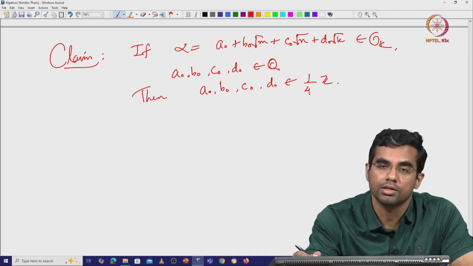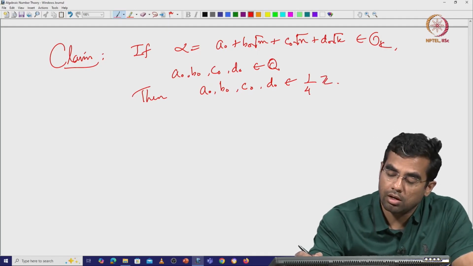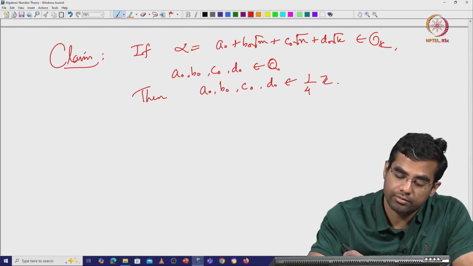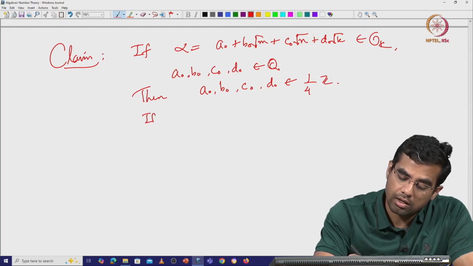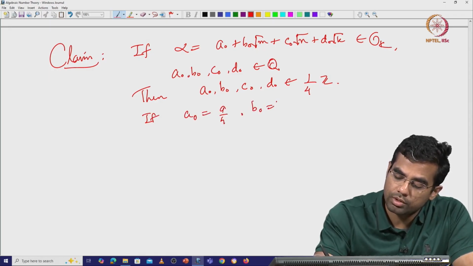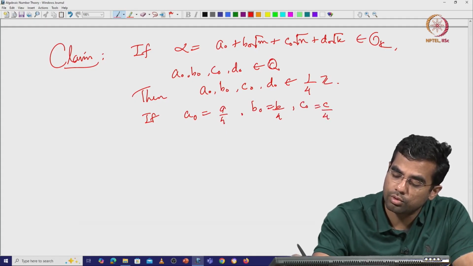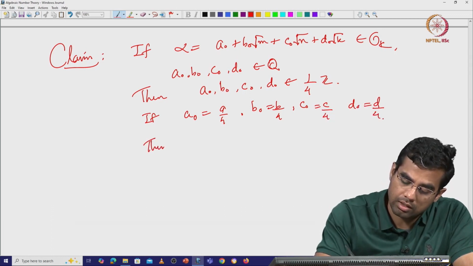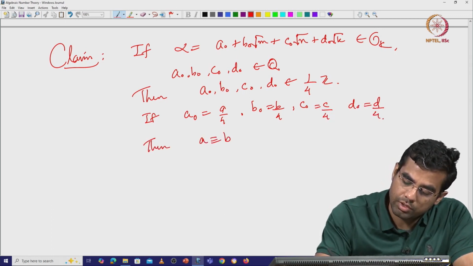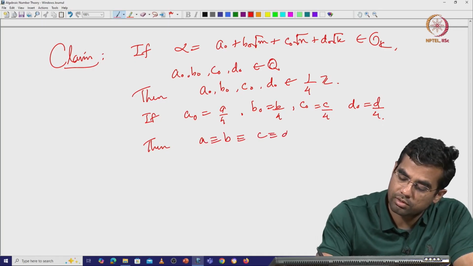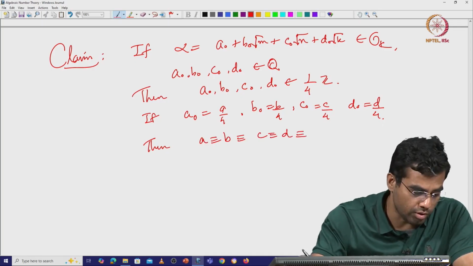So the denominator is at most a divisor of 4, and if a0 = a/4, b0 = b/4, c0 = c/4, d0 = d/4, then a ≡ b ≡ c ≡ d mod 2.